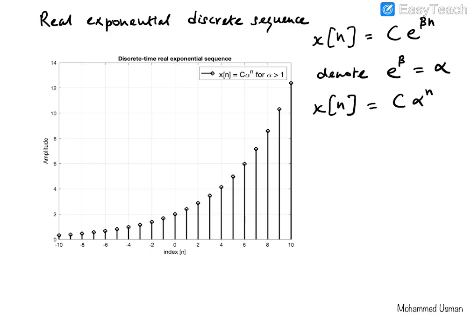Now, when we have this alpha, which is equal to e power beta, to be greater than 1, then we get a growing exponential, wherein all the samples are on the positive side. If you see, all these lines are going upward. So it is a growing exponential with all the samples having positive values.